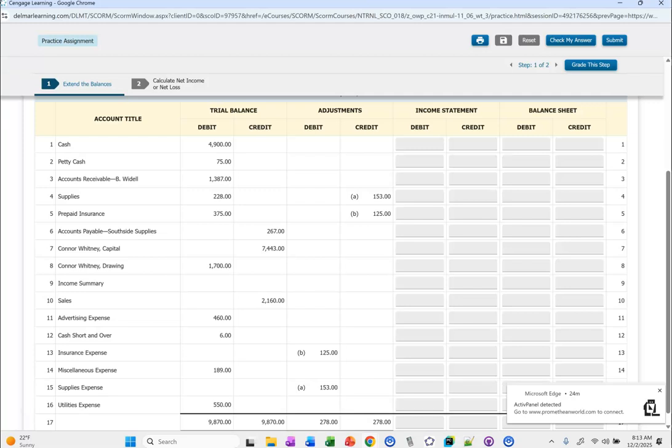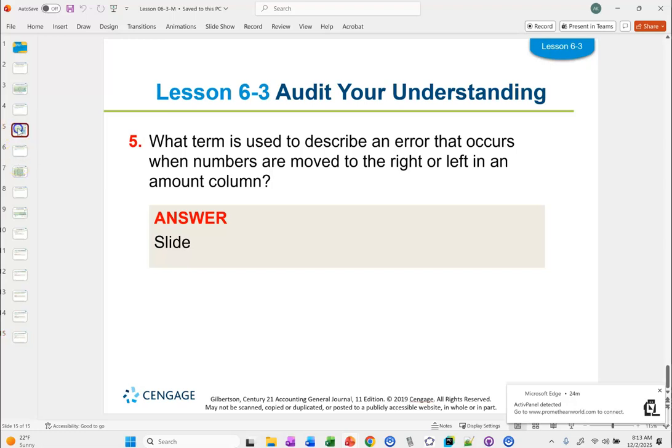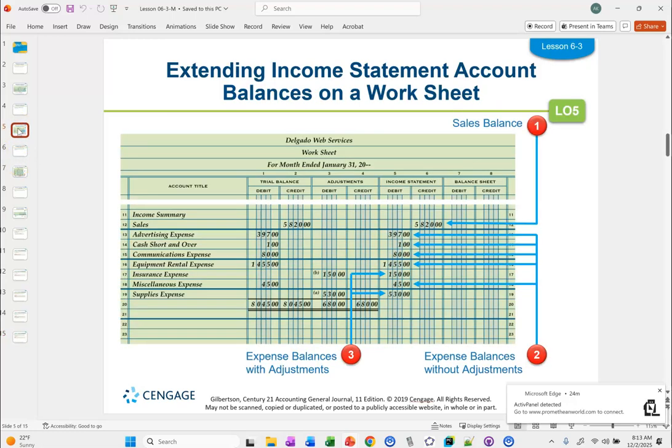Yeah, let's go back and look real quick. So if we look at what we have here, we have sales and then expenses, right? Those are the things that go into our income statement.